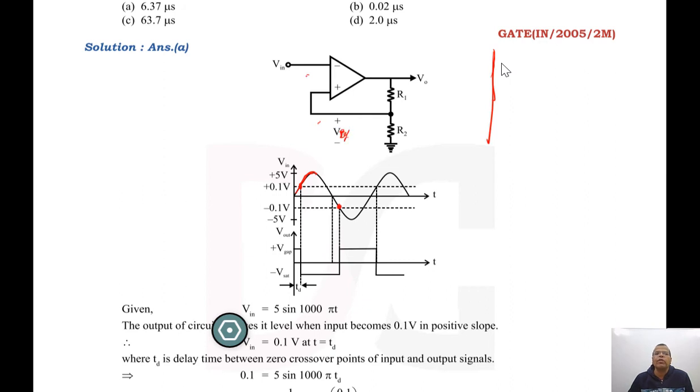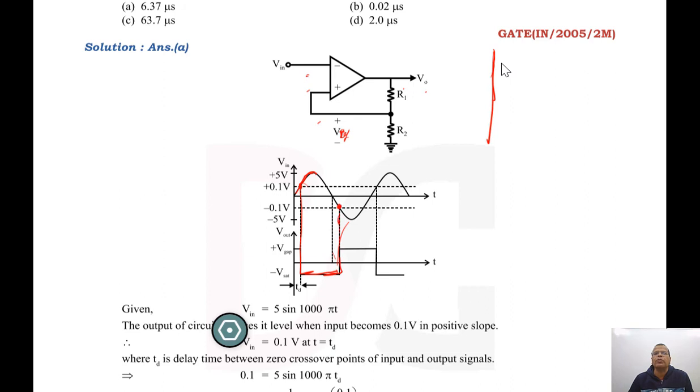When the voltage becomes more than this voltage, which is 0.1 volt for the positive half cycle, the output changes to minus Vsat. Here it remains at minus Vsat because when output becomes negative, this reference voltage changes to a negative reference of 0.1 volt. So it remains negative till your input reaches the level of minus 0.1 volt.